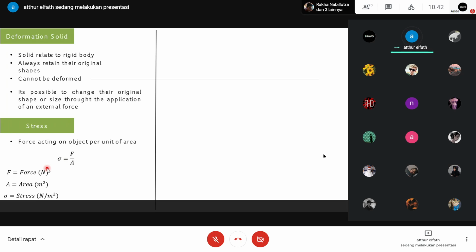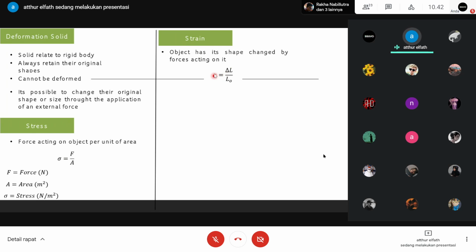And then the second one, let's talk about the strain. Strain is, as you can see, an object having its shape changed by force acting on it. Basically, strain can be calculated using this formula.